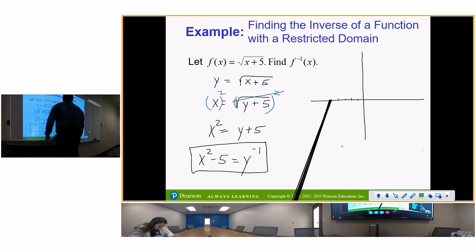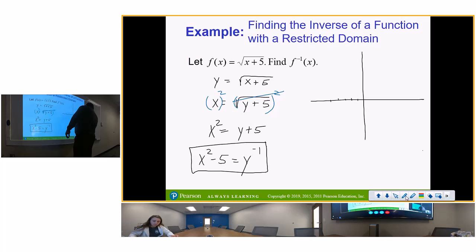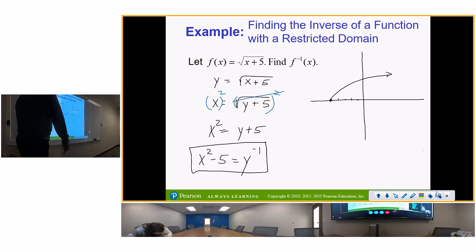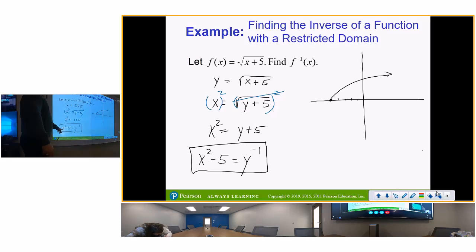And what does the function look like for the square root function? The swoosh, like that. So this one's going left to right, but it's also going in a bottom up position. What is this one? This is a parabola with a vertical shift of what? 5 what?